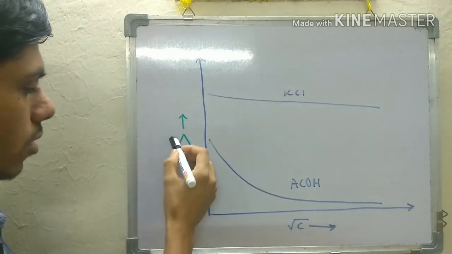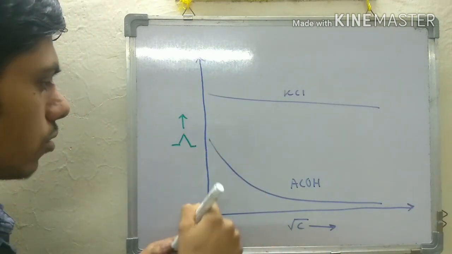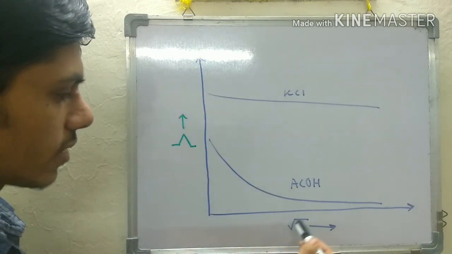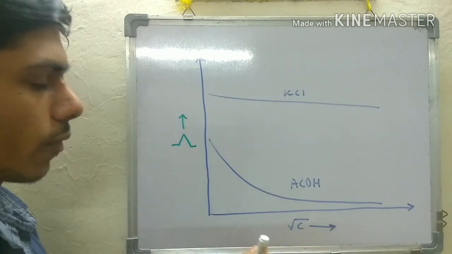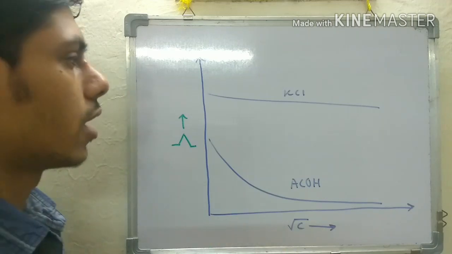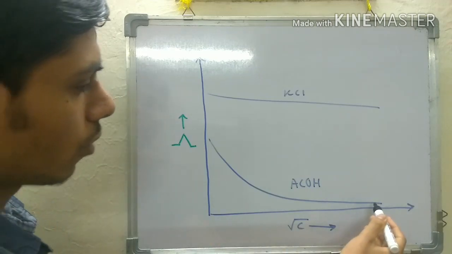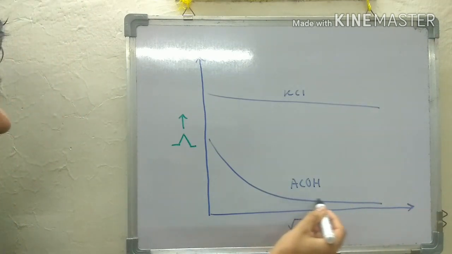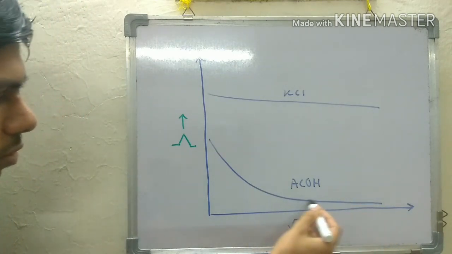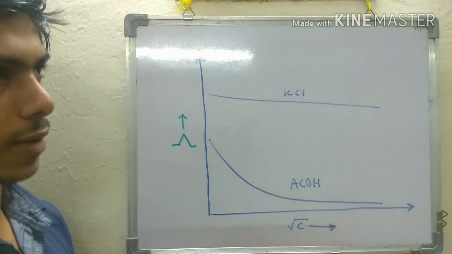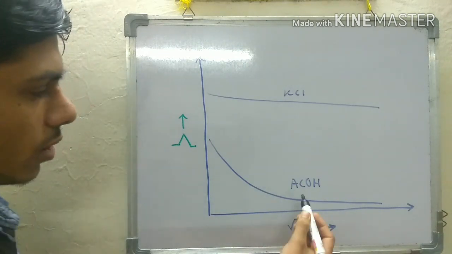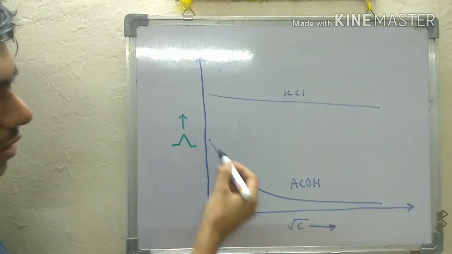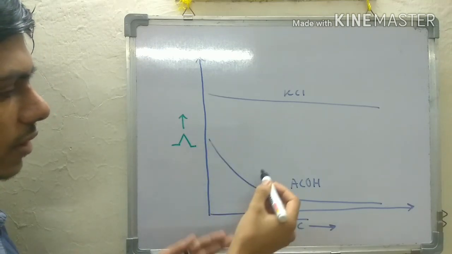So the y-axis is conductance and the x-axis is the square root of the concentration of your electrolyte. Now you can see that for a weak electrolyte, as you decrease the concentration, that is, you dilute the solution, the conductance increases, and this increase is not linear but exponential.